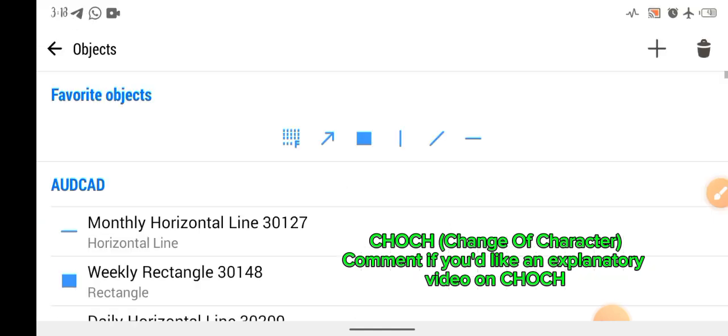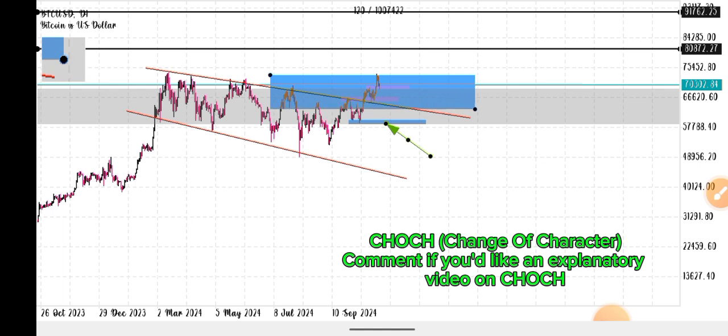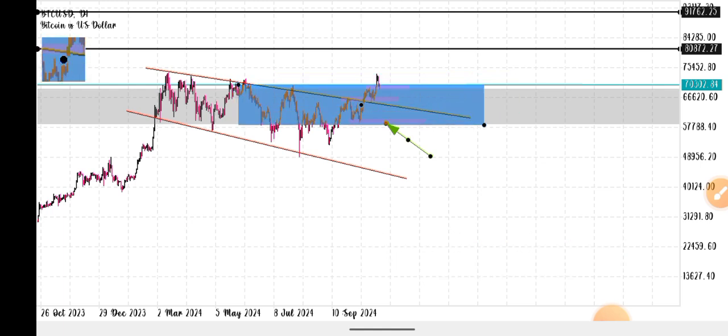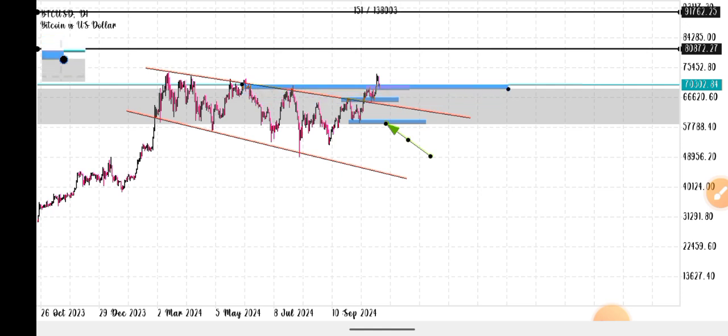Remember, if you don't know the meaning of choke, you can always comment for me to make a video on choke and break of structure. Guys, this is where BTC did a choke, right? This is the zone where price did a choke. This high is a place where we see BTC has been coming after it got to this place, which is the highest point it has ever gone to.